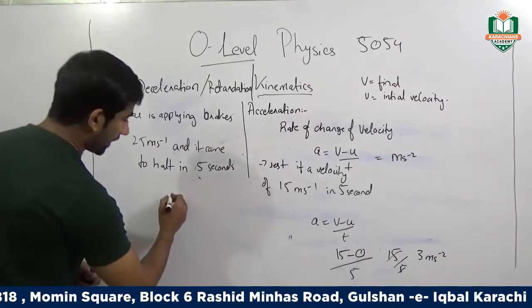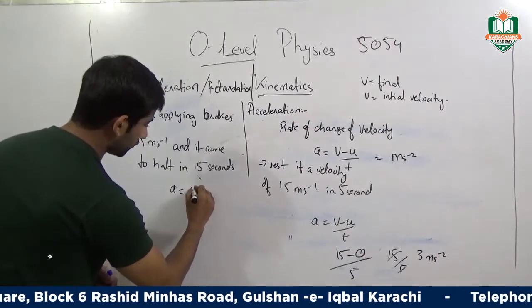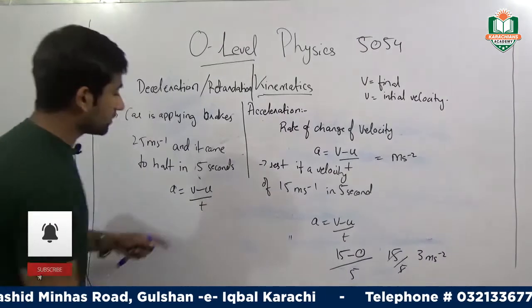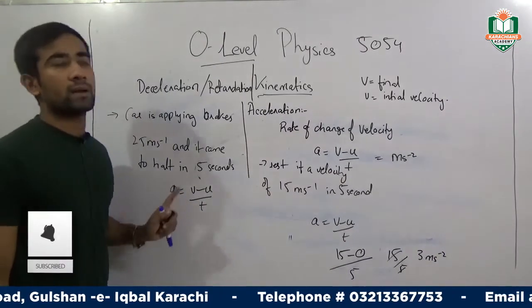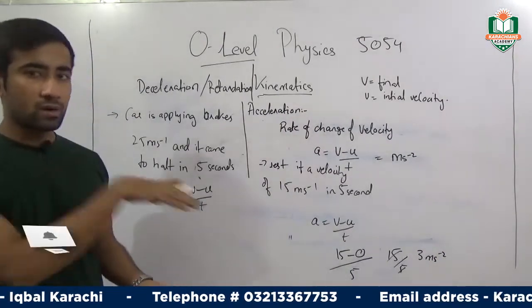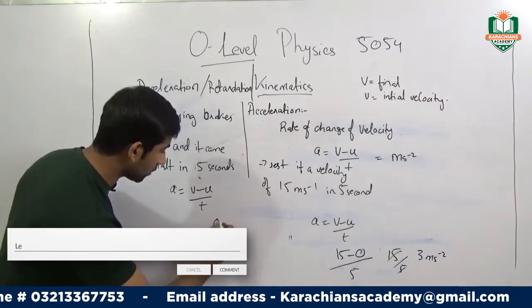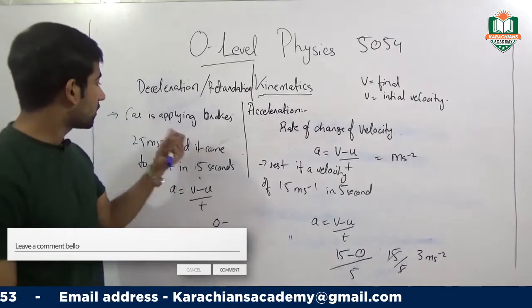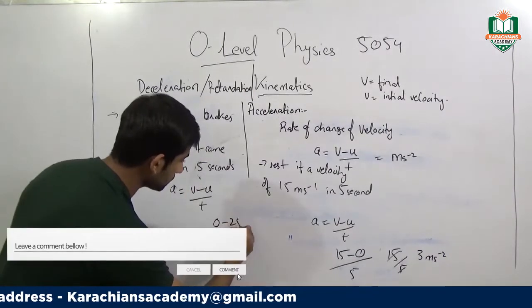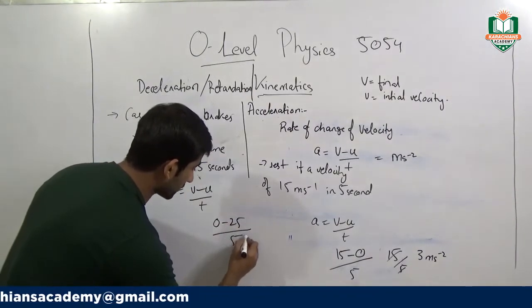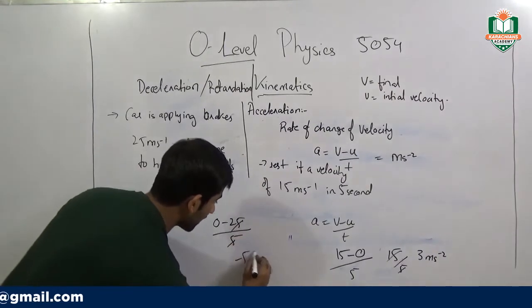And now we'll have to find the acceleration. Acceleration is equal to v minus u over time. In this case, the final velocity is 0, because the car is at halt, the car has stopped. So we'll take final velocity as 0 minus initial velocity, which was 25, divided by time, which was 5 seconds. So it is negative 5 meters per second square.